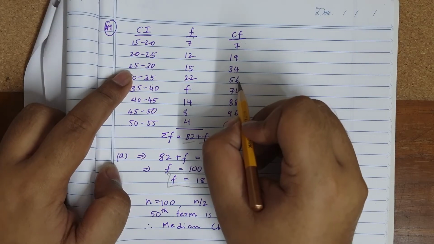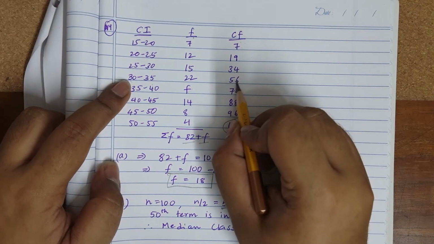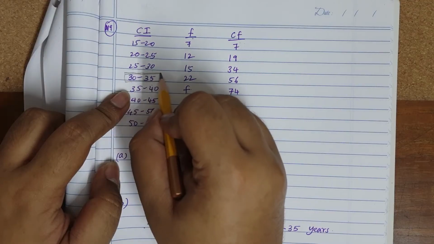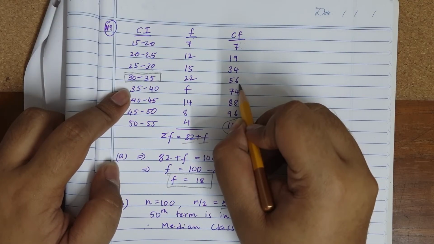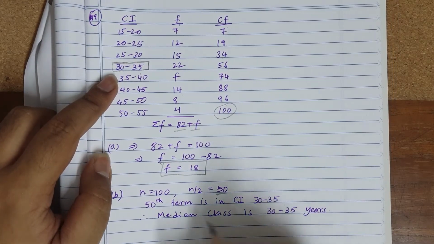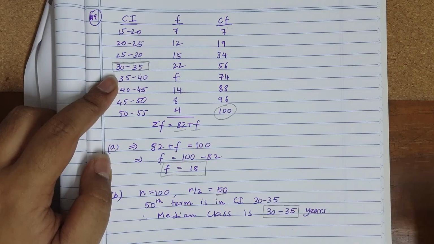So the 35th, 36th, up till the 56th term is within the class interval 30 to 35. So the 50th term is also located in 30 to 35, and hence I will say my median class is 30 to 35 years.